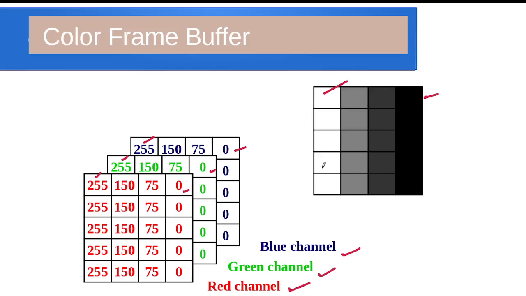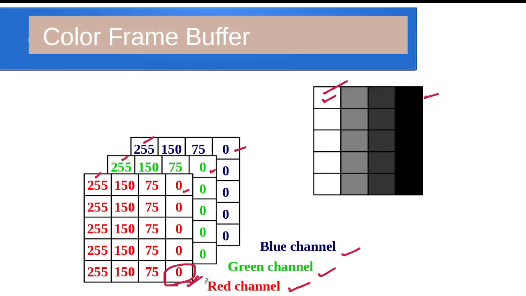If we only had the options of zeros and 1 here, that red is present or not, in that case 2 into 2 into 2, only 8 colors would have been possible at any pixel. So depending on how large a value we can store at each pixel, that decides how many colors it can represent.